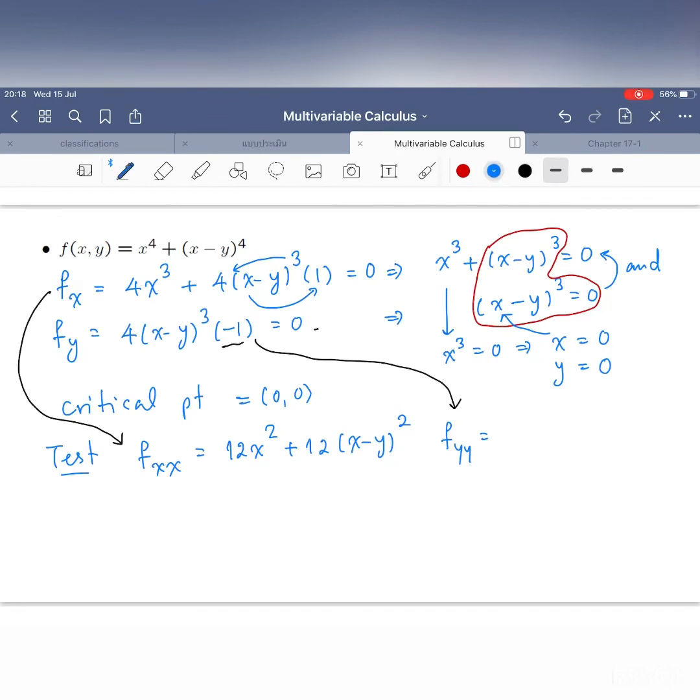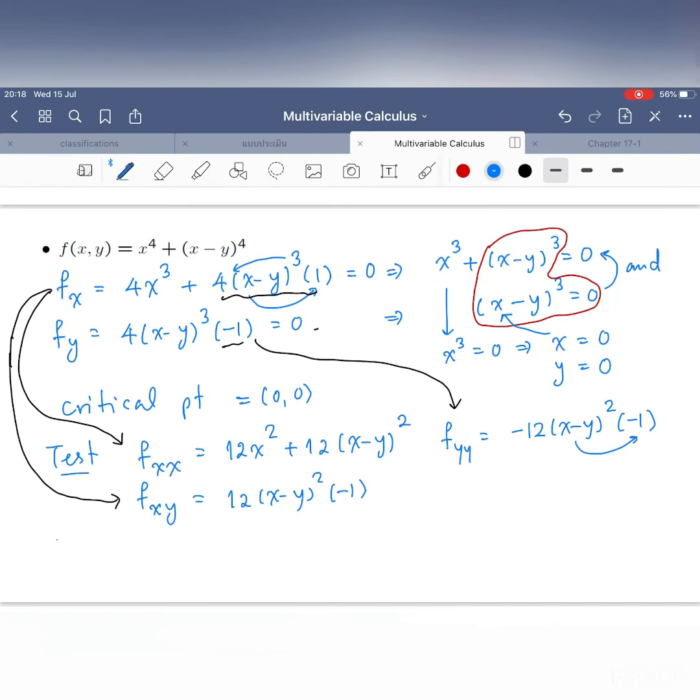So you have a negative 12 times (x minus y) squared, and then a derivative of the inside with respect to y, so it is 1. And the last one is f sub xy. You can use this one again and find a derivative with respect to y further. So the only term that survives is the second term there. So you have 12 times (x minus y) squared and a derivative of the inside with respect to y.